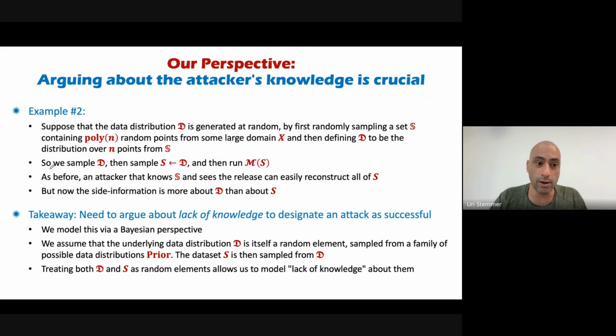In our paper, we model this via a Bayesian perspective by considering a meta-distribution, which we call prior, where the underlying distribution D is sampled from this meta-distribution prior. This way, both the data distribution D and the sample S are random elements, and this allows us to argue about the lack of knowledge that the attacker has about them.